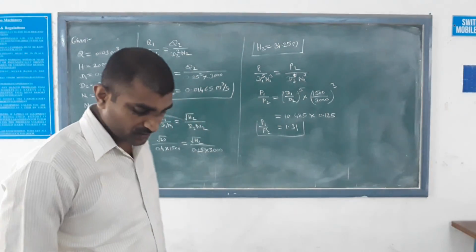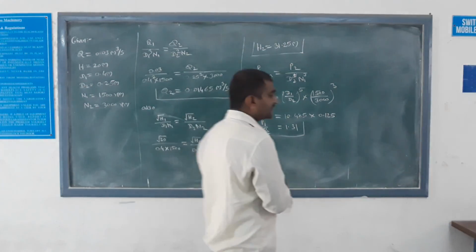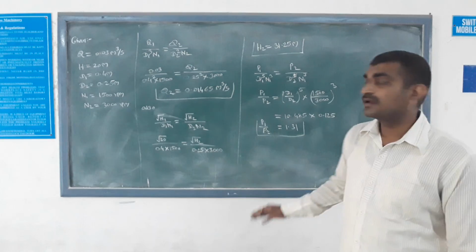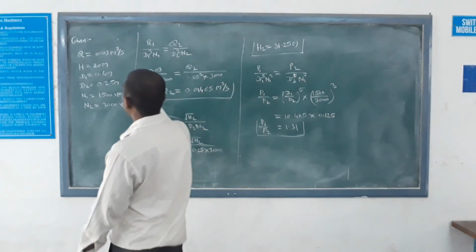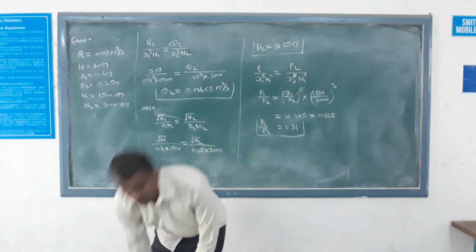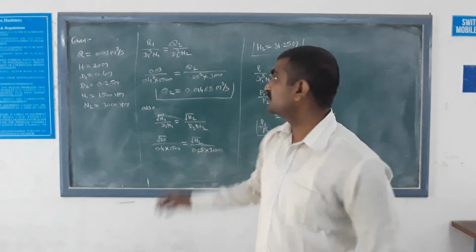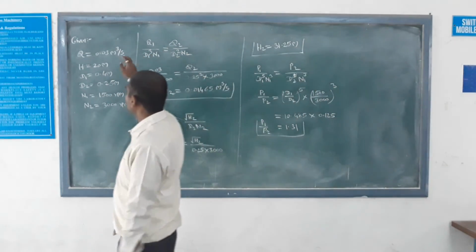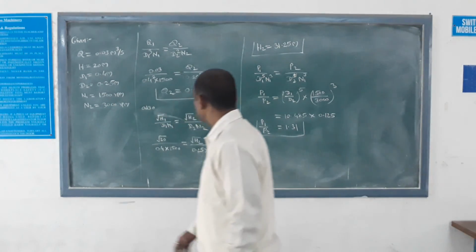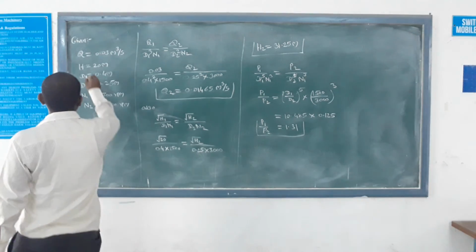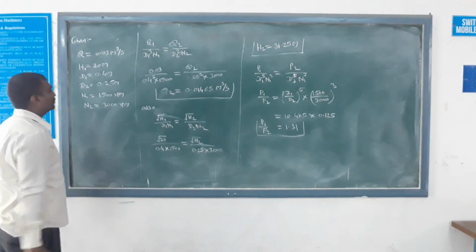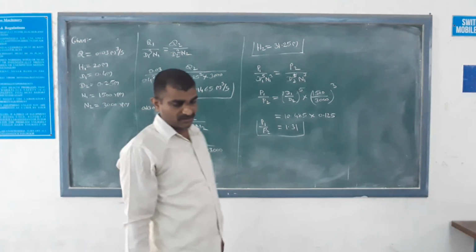So see here, this is a geometric similarity problem. We have been given the discharge, H1, D1, D2, N1 and N2.